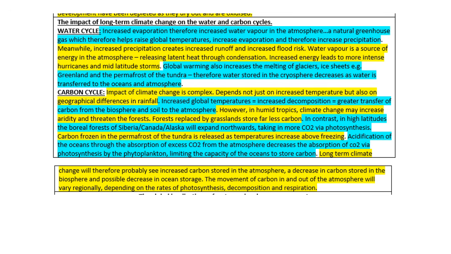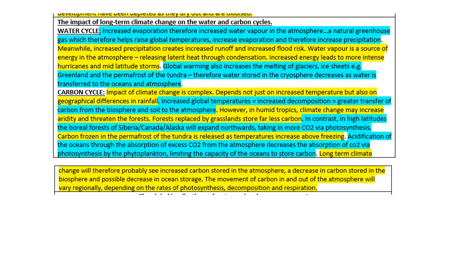So the impact of long-term climate change on the water cycle. We'll see increased evaporation, so more water vapour in the atmosphere. Water vapour is actually a greenhouse gas, so it helps to raise global temperatures, increase evaporation, and therefore increase precipitation. That will create increased runoff and increased flood risk.